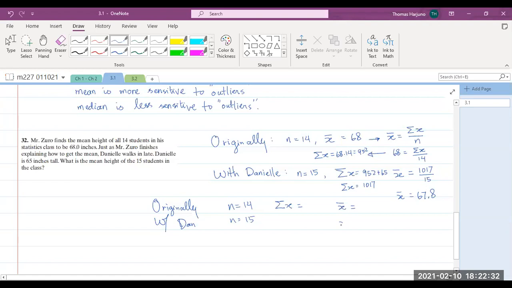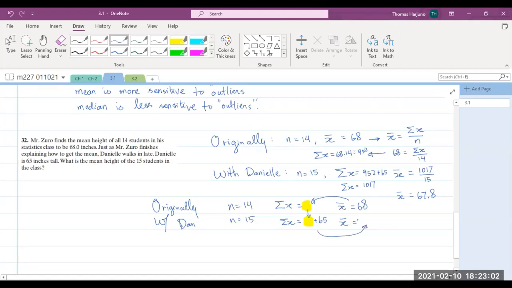For us to find the x bar, which is originally 68, we need to know the sum here. Whatever the sum you get here, you add the height from Danielle. So from here you get this, from here you get this, from here you get that.